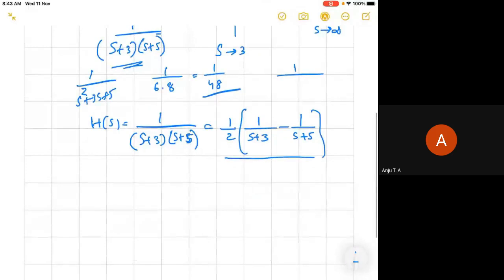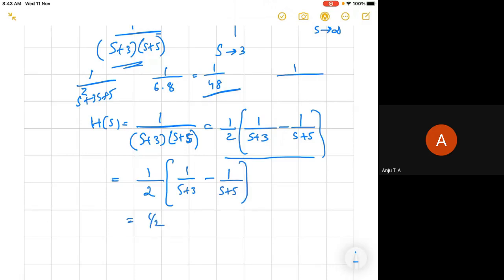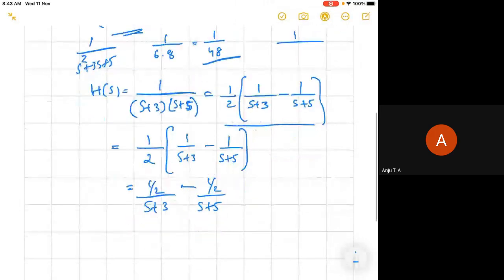So if you want to implement this, 1 by 2 into 1 by s plus 3 minus 1 by s plus 5, or you can write this as half by s plus 3 minus half by s plus 5. So how will you implement this?